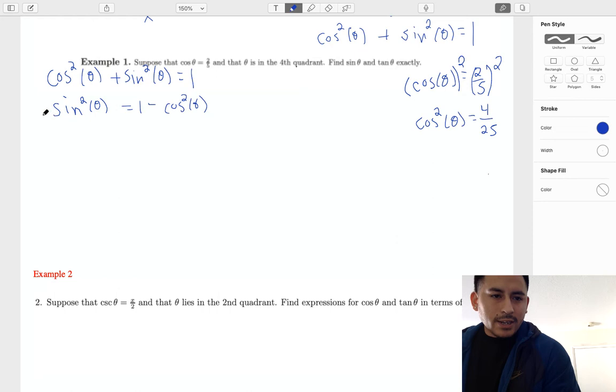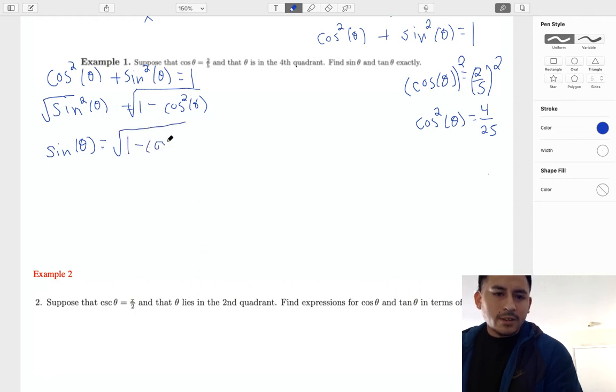But then I need to take the square root of both sides. Once I do that, I'm going to get sine of theta is equal to the square root of 1 minus cosine squared of theta.